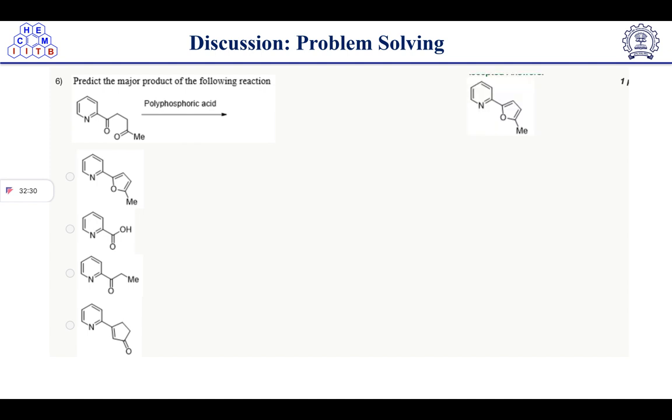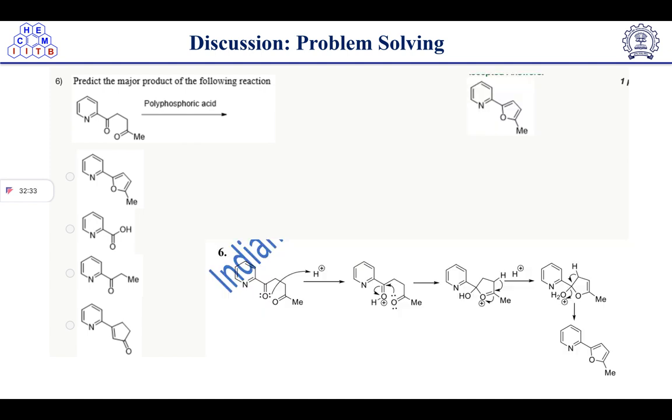Predict the major product of the following reaction. So here we have phosphoric acid on the arrow. Okay, so acid is there, so protonation will take place. Protonation on any carbonyl center will take place. So here the protonation will happen, and then another lone pair of oxygen will attack this electrophilic center.